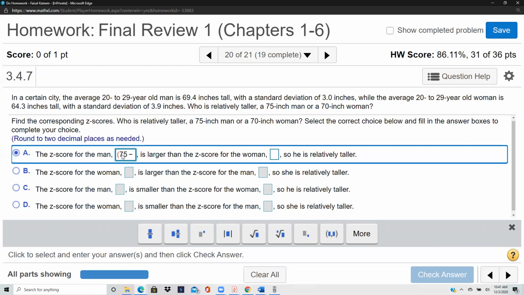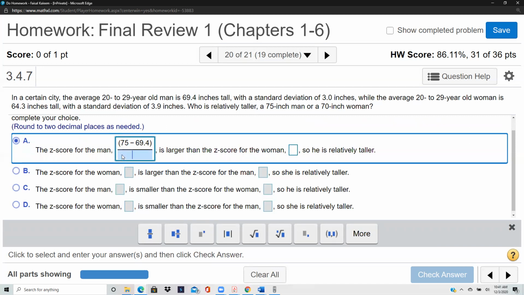It would be 69.4. Divided by the standard deviation, 3.0. So 5.6 over 3.0, 1.87.